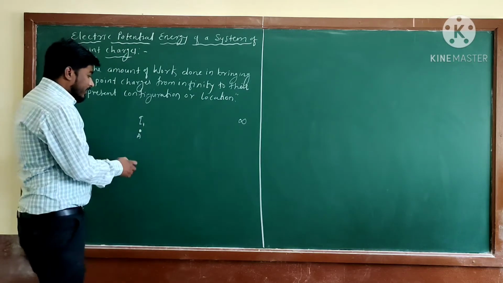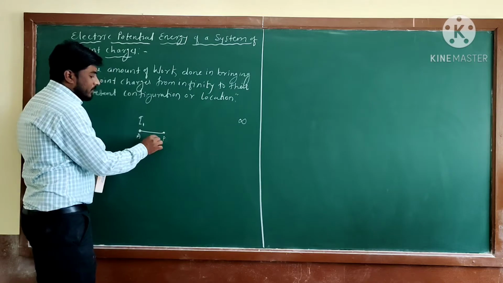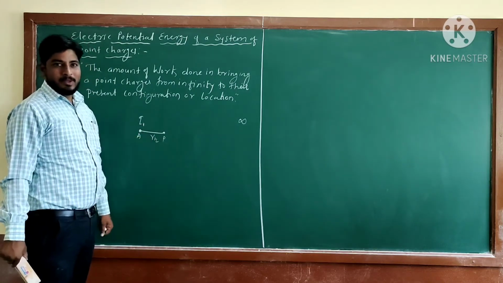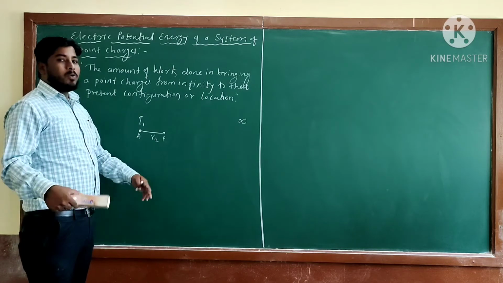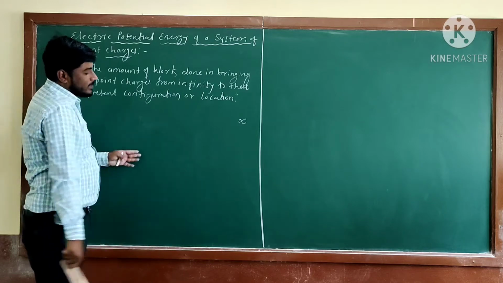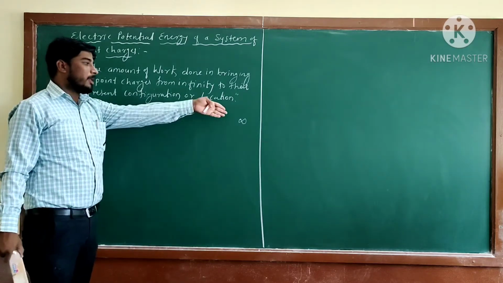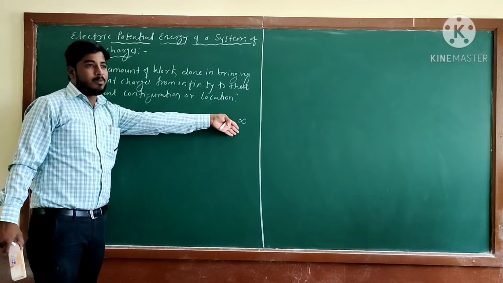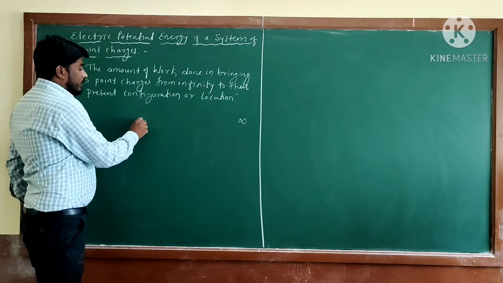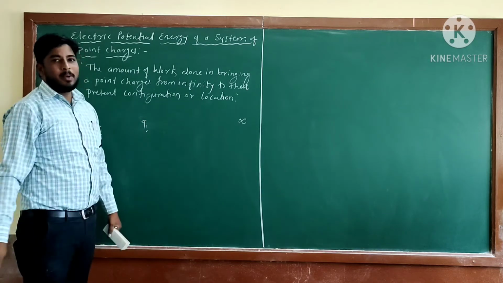So I can find the electric potential at point P now, at a distance R12. But if no charges are present at this point, I cannot say that there is any electric potential or electric field. Only if I bring a charge from infinity to one position, then this charge can have an electric field as well as electric potential.